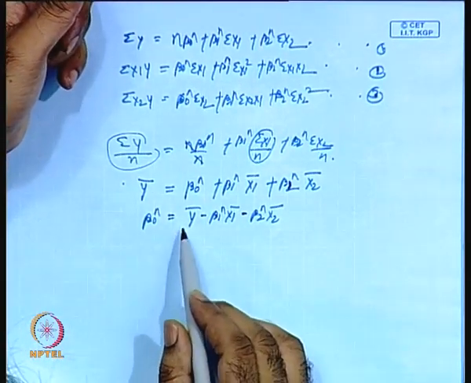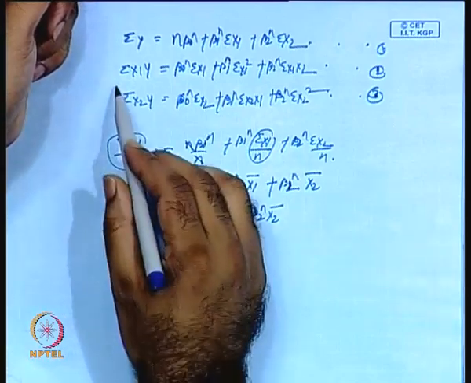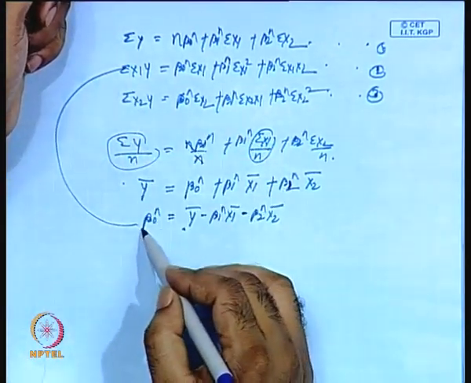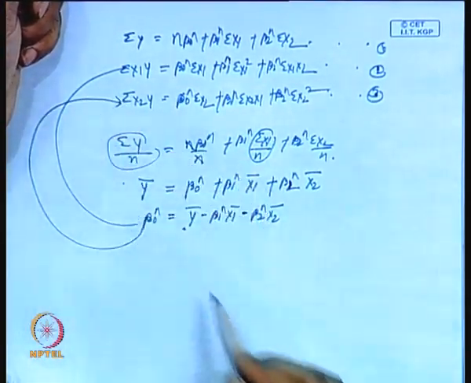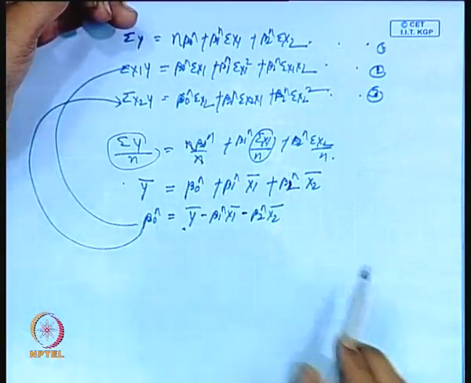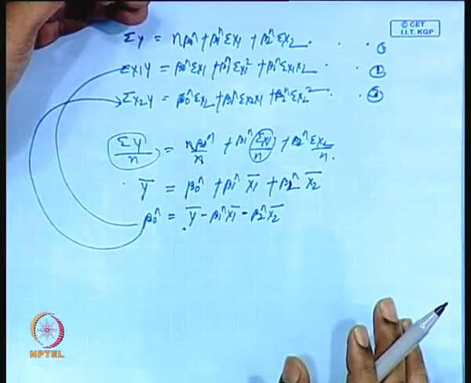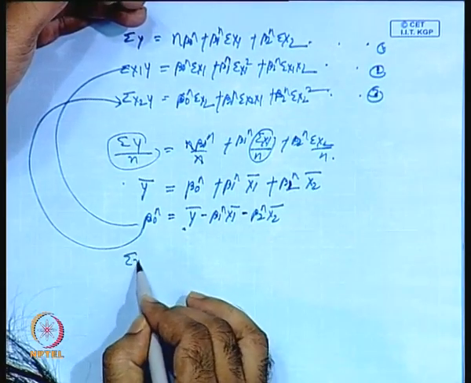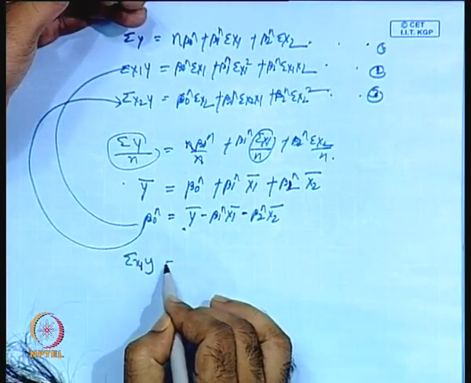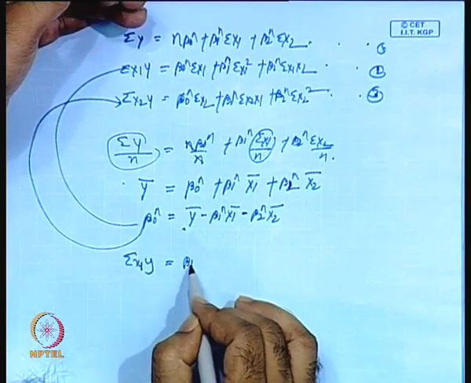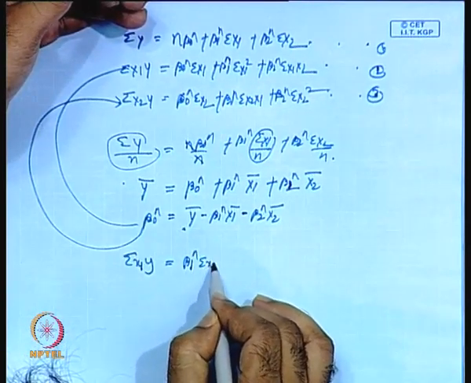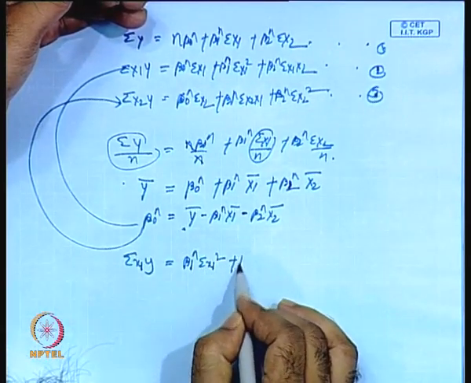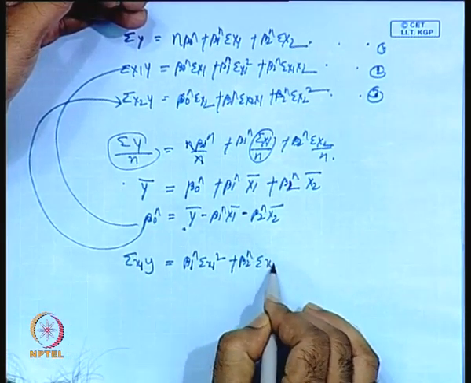So now we put this particular expression into equation number 2. Using this structure in equation number 1 and equation number 2, and simplifying equation 2 and equation 3, you will get simply summation x1y is equal to beta 1 hat summation x1 squares plus beta 2 hat summation x1 x2.